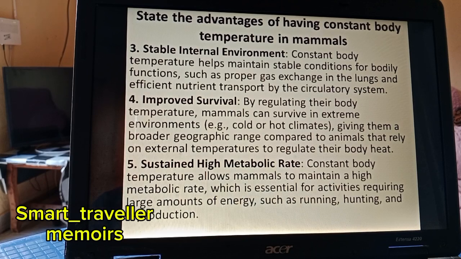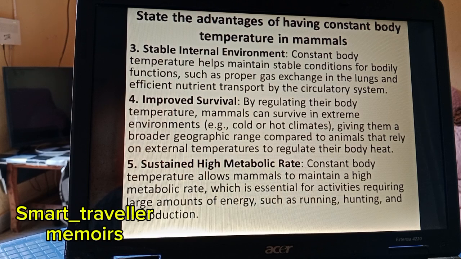Stable internal environment. Constant body temperature helps maintain stable conditions for bodily functions such as proper gas exchange in the lungs and efficient nutrient transport by the circulatory system. Improved survival.